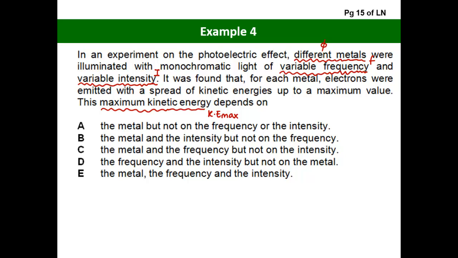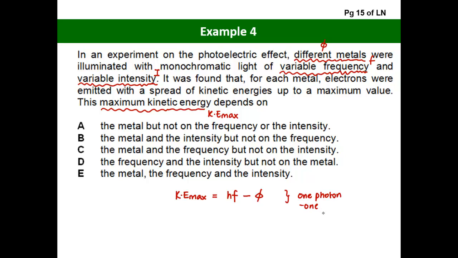Yes, we do have, and we have Einstein's photoelectric equation, which tells us the maximum kinetic energy of a photoelectron that's emitted is equal to the energy of a photon subtracted by the work function of the metal. Now this is for one photon and one electron's interaction.